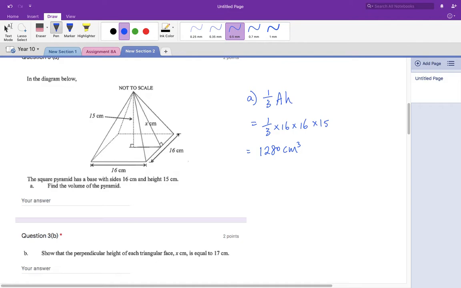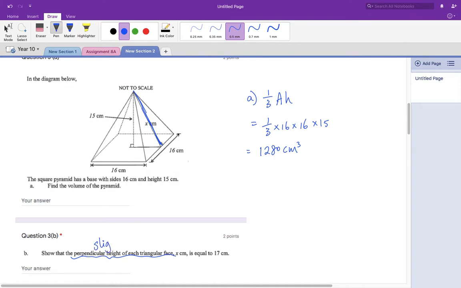Question B, show that the perpendicular height of the face is 17. This is the perpendicular height of the triangular face, so I'm looking at the height of the triangular face here. So it's the slant height, right?